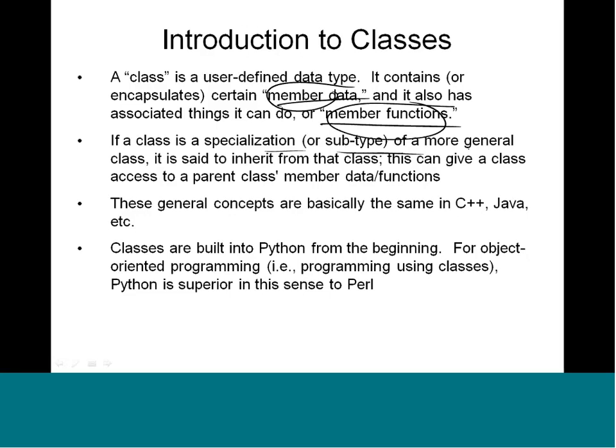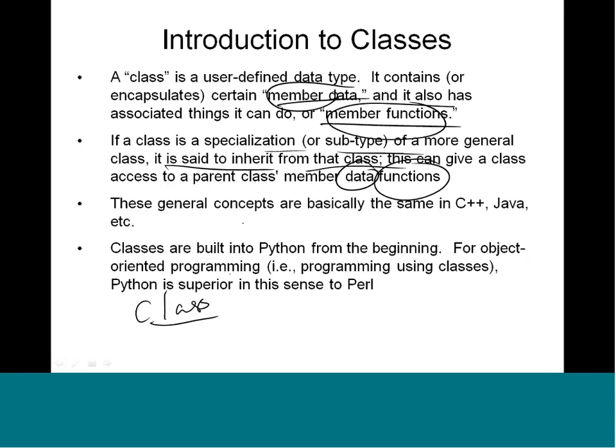If a class is a specialization or a subtype of a more general class, it is said to inherit from that class, and this can give a class access to the parent class's members, both data and functions. So these are all the concepts in object oriented programming.